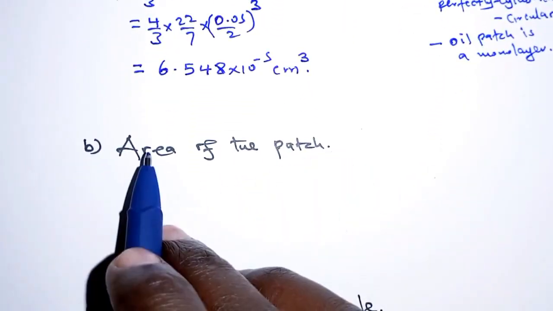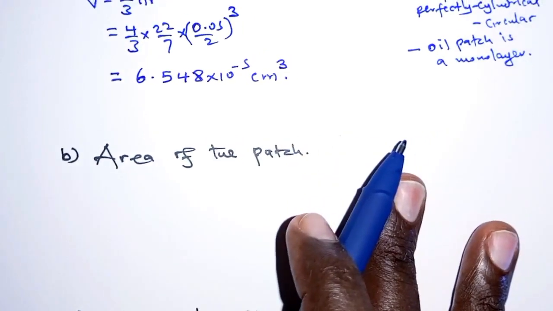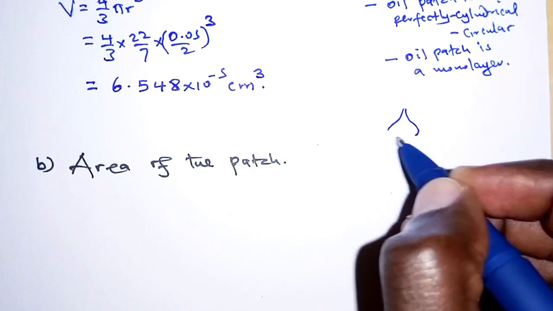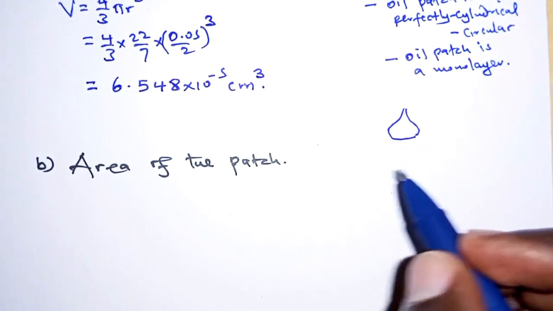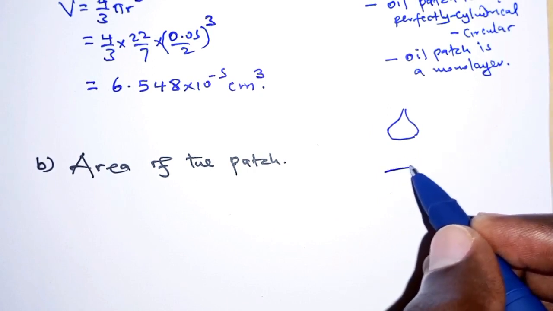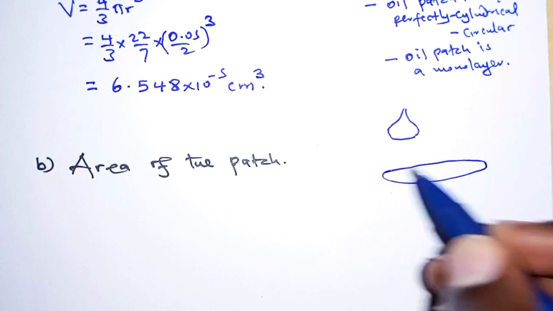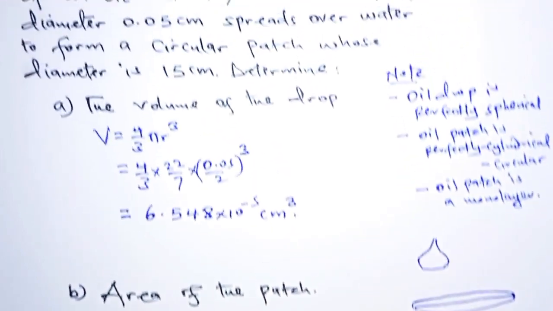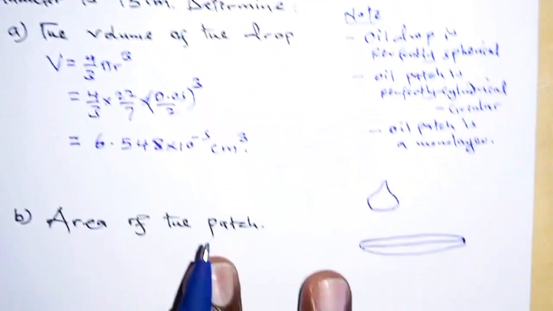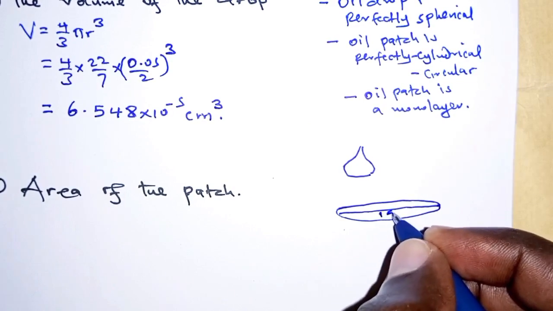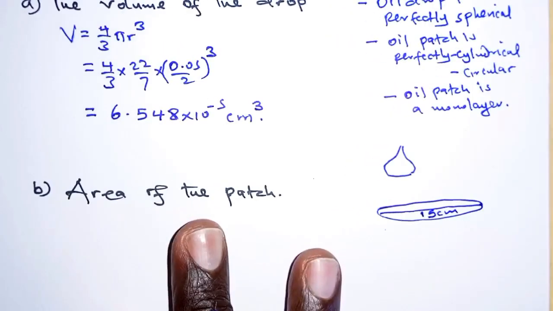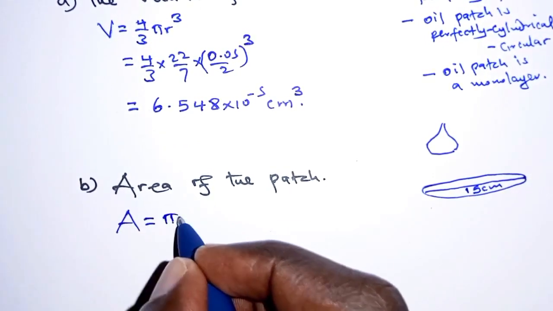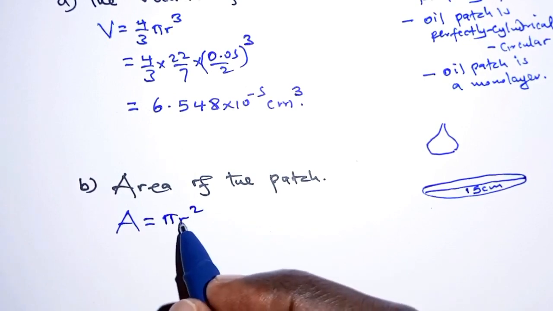We can again look at the area of the patch. Now, when the oil drop touches the surface of the liquid, that is water, it spreads, and when it spreads, it forms a circular patch according to our assumption. The diameter of this patch, we are told, is 15 centimeters, and this will help us determine the area. Area is given as pi r squared, that is area of a circle.